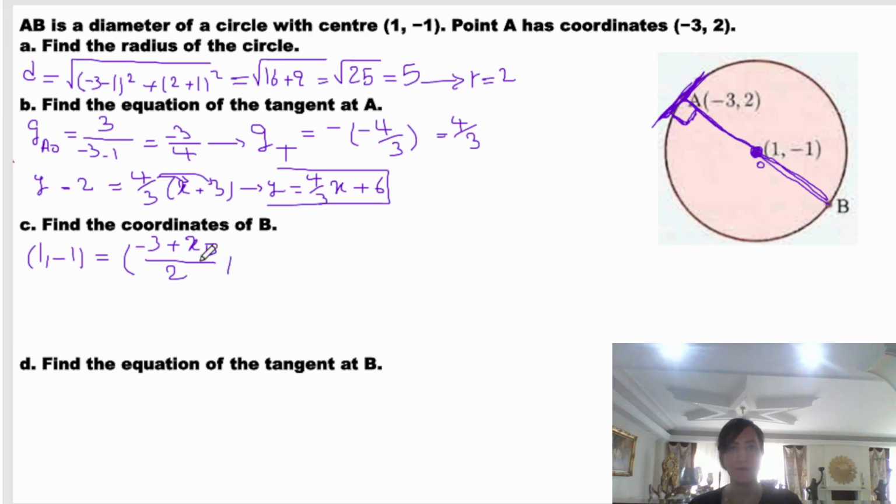And for y, I say yA, which is 2, plus yB, divided by 2.